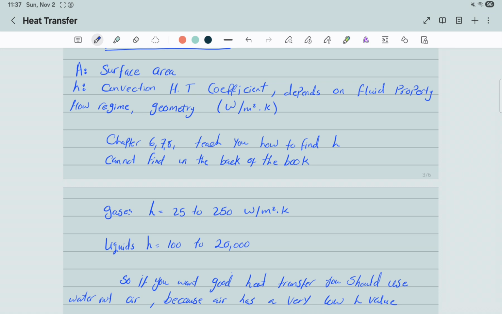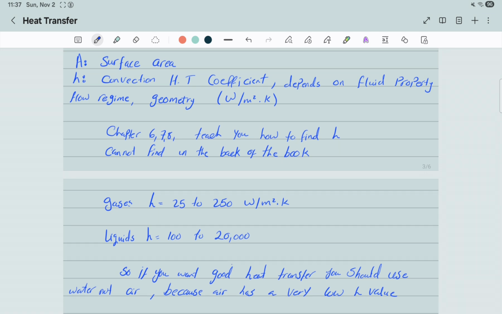That's why when you want to, for example, cool an engine, it's best to use liquid rather than gases. But in the radiator, they'll use, for example, air. To increase the convection heat transfer to cool the radiator, they usually add fins, and we'll go through in later chapters how to increase the heat rate using external factors such as fins.